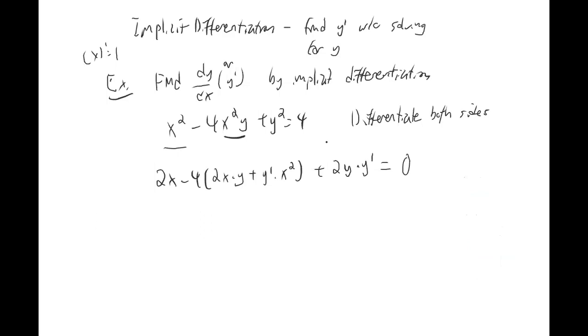So let's FOIL: 2x minus 8xy minus 4x squared y prime plus 2y y prime equals 0. At this point, it's just algebra. How do you solve for a variable? In this case, our variable is y prime.